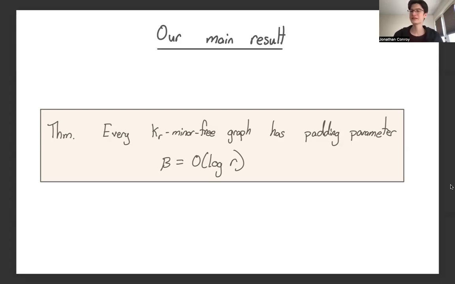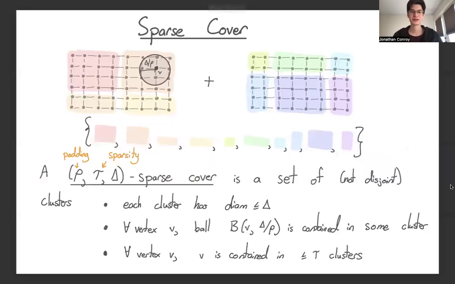Okay, before I jump into the techniques, I have one more object to introduce, which is sparse cover. So sparse cover is something that's very related to padded decomposition. It's a set of non-disjoint clusters, so it's not a partition anymore, such that one, every cluster has small diameter at most delta.